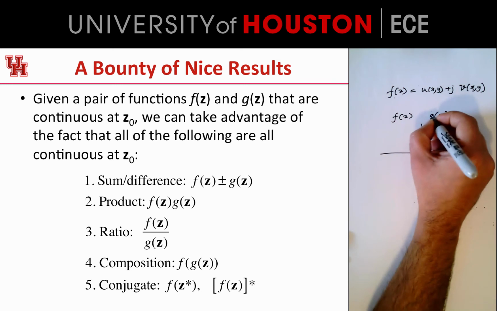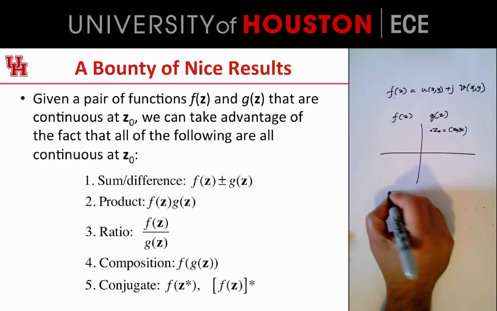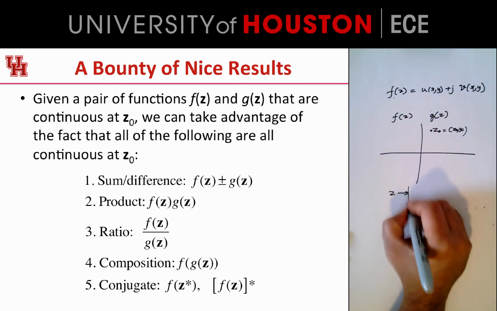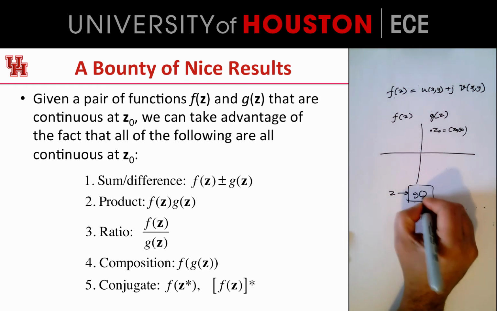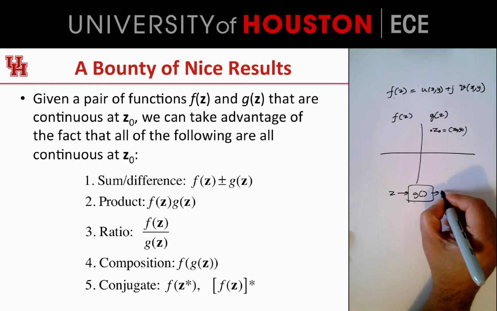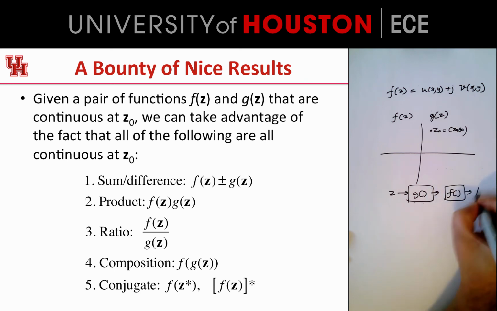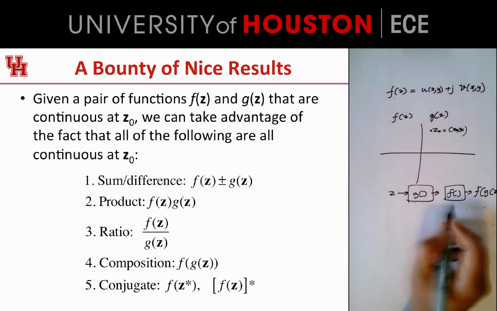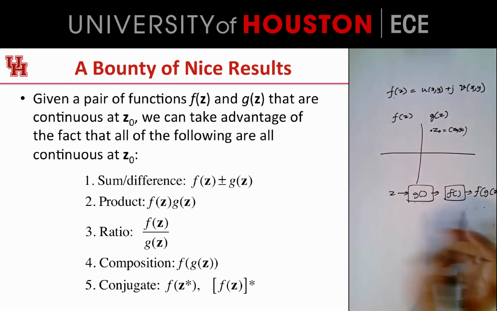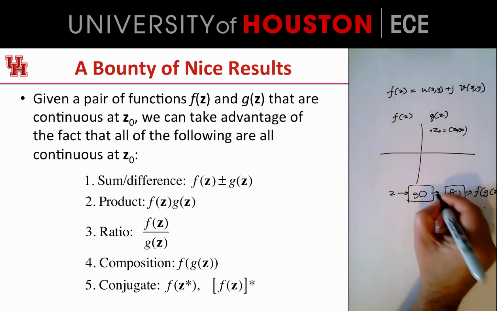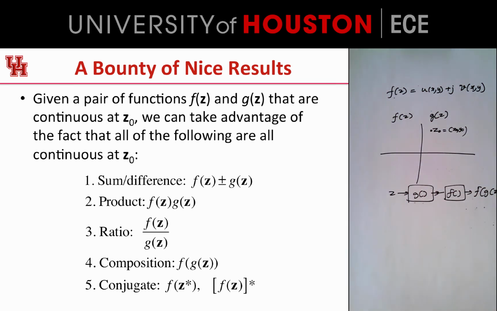And so is their composition. In other words, if I take a point z and put it through g and get g of z, and then put it through the function f and get f of g of z, this is also continuous. Because neither of these functions intuitively are presenting any jumpy surprises if you look around this point z naught.